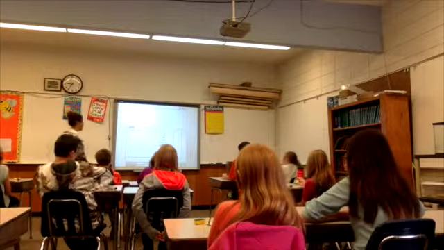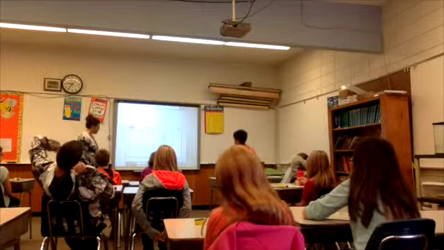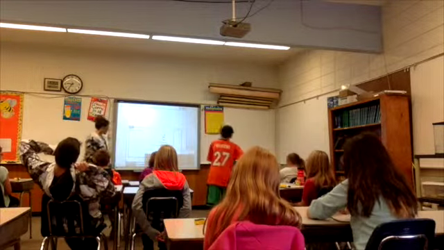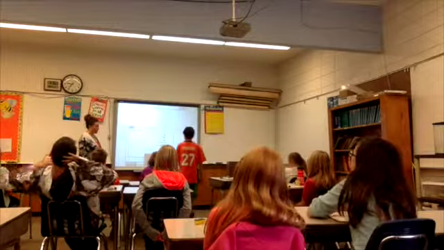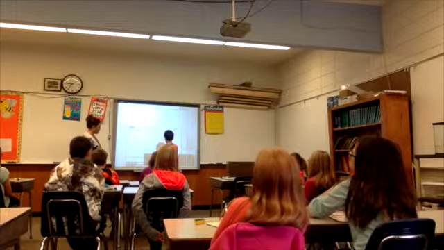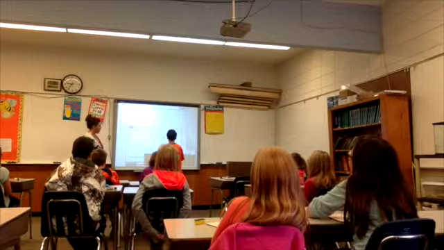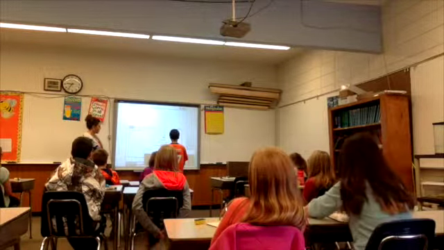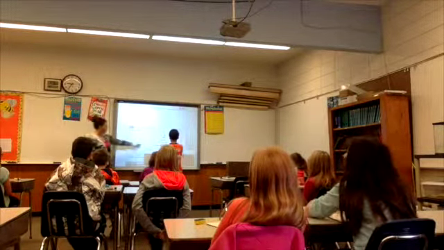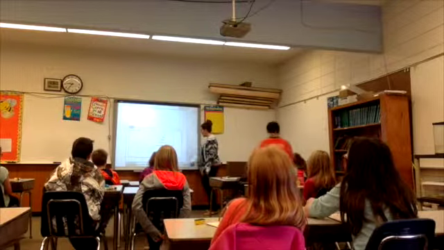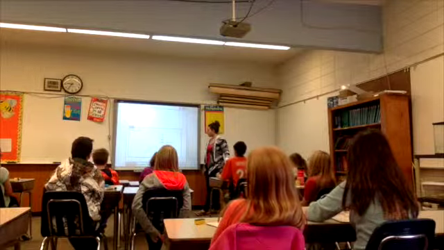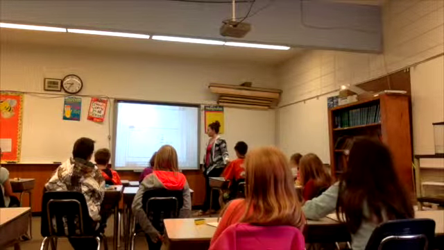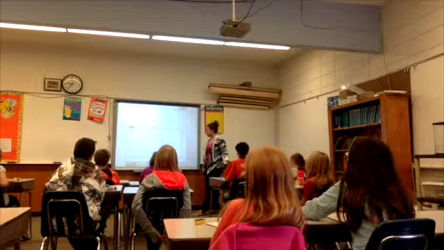Okay, Michael, go type in the answer. That's right. The correct answer is 6,000. 20 times 300 equals 6,000. So 20 times 315 equals 6,300.